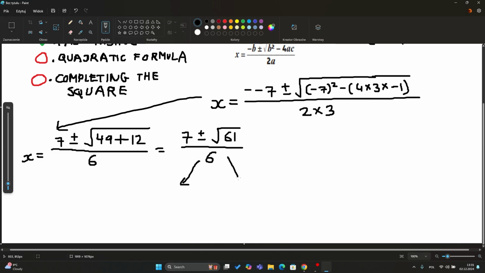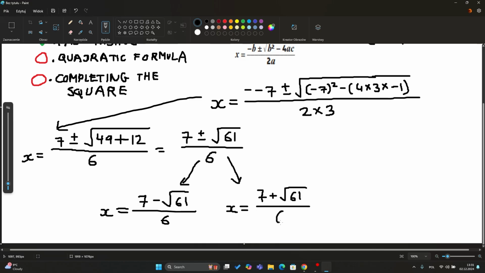Now this is either x equals 7 minus root 61 over 6, or x equals 7 plus the square root of 61 over 6. And there is one more thing to remember.